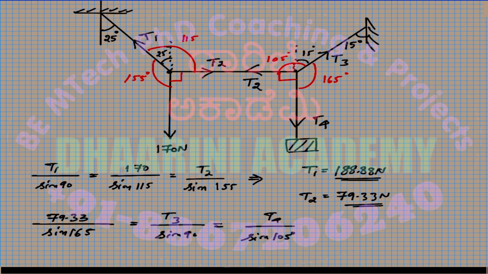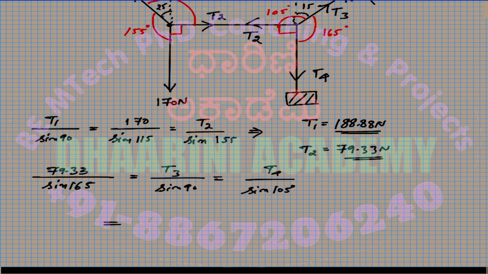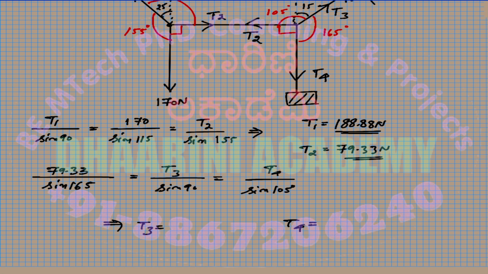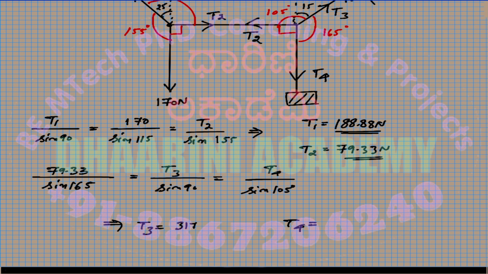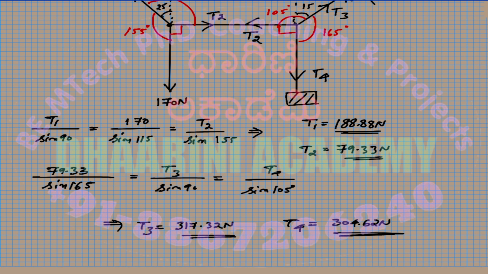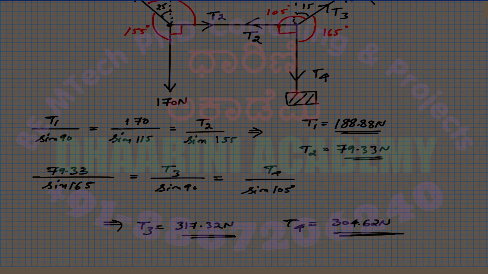So using the second set of equations, we can calculate what is T3 and what is T4. So T3 is equal to 317.32 newtons. T4 is equal to 304.62 newtons. Yeah. So this is the required answer.